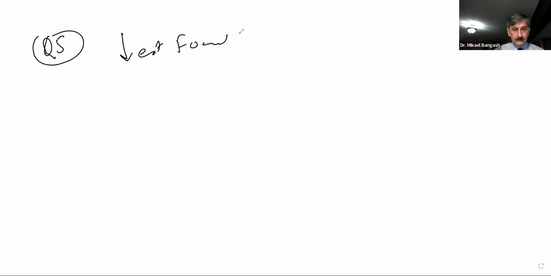Question 5. Now you can see it's mainly the same concepts, just being asked in different ways. Which of the following probes creates the beam with the shallowest focus? Again, that means the lowest focal depth or focal length.